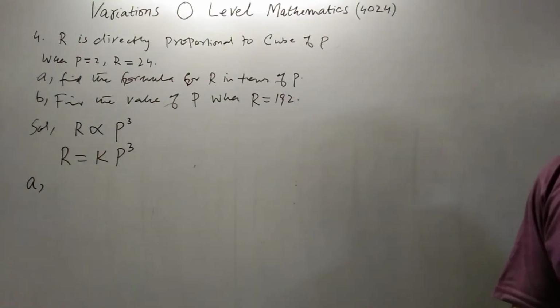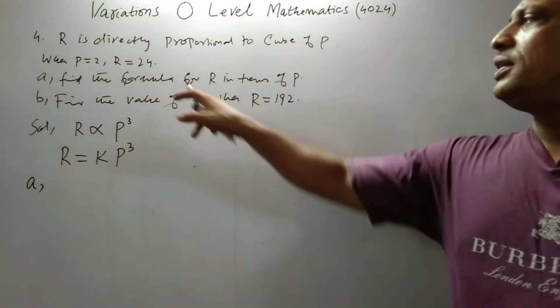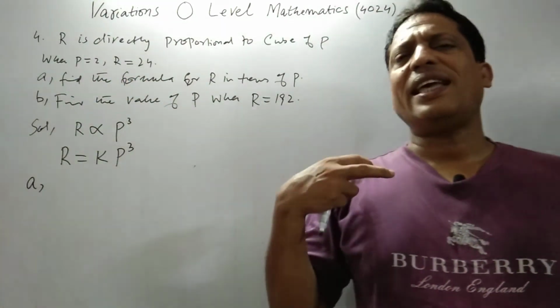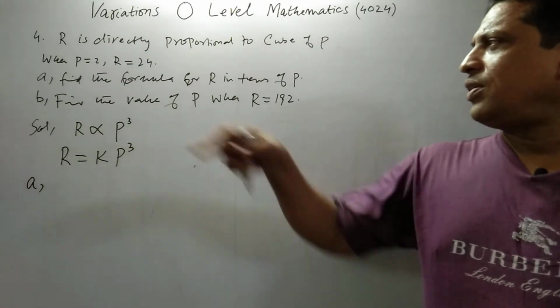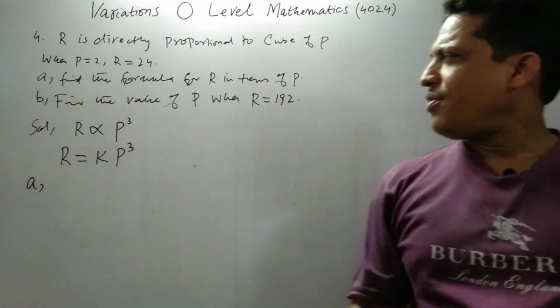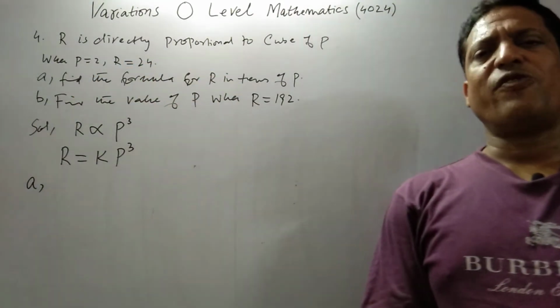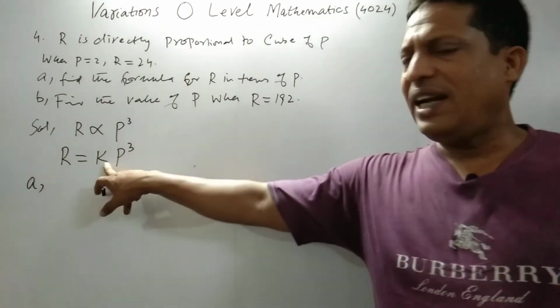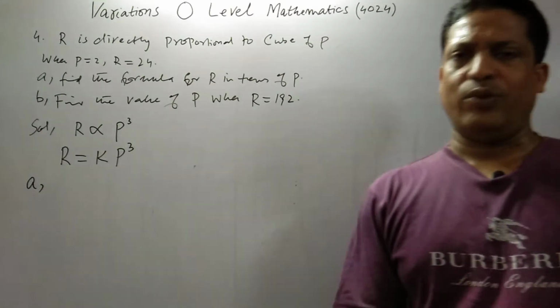Find the formula for R in terms of P. Whenever you see this part, because you will be seeing many questions which have this part, find the formula for R in terms of P means find the value of K, put the value of K in this relation, and this is the formula.